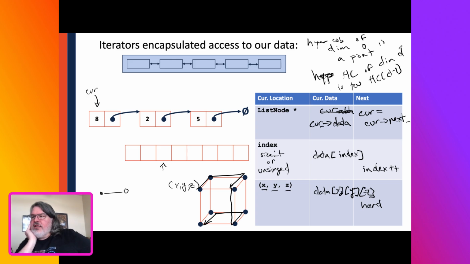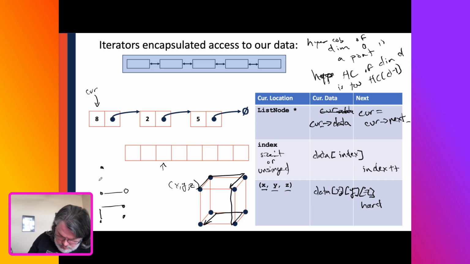The point here is not that you can solve it, but that it would be hard. And yet, you would like to possibly access it. So there is 0, 1, 2, 3, right?